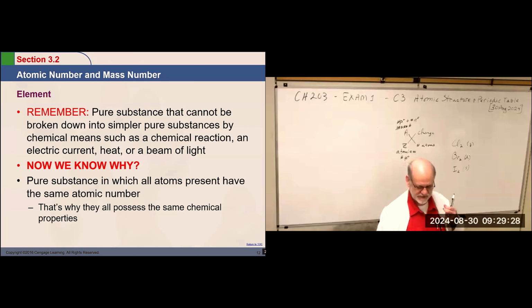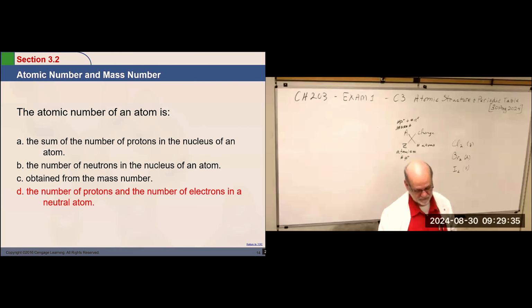And they all possess the same chemical properties, even if they have different numbers of neutrons. Ultimately it is because of the protons, but the electrons determine the chemical properties, right?